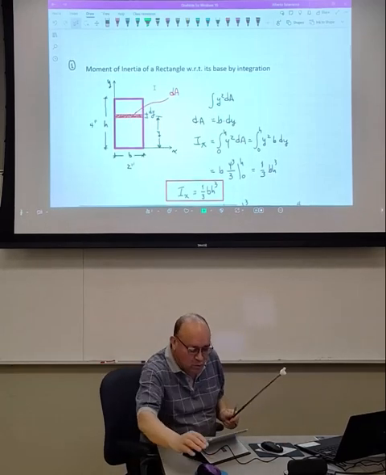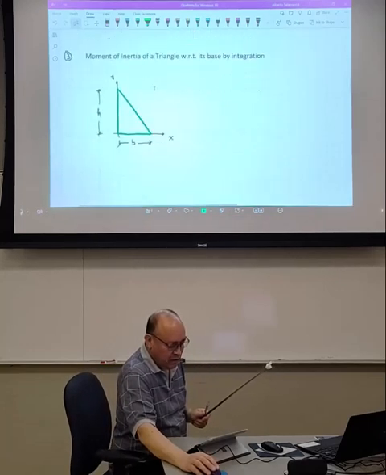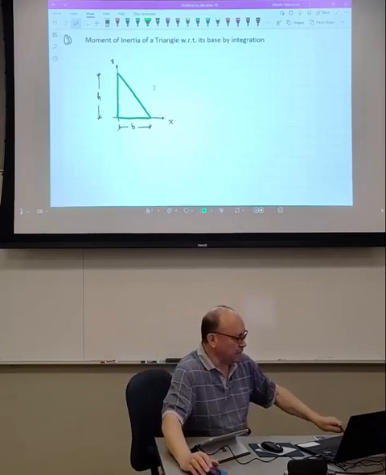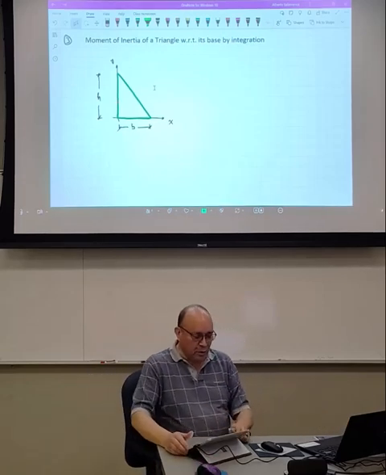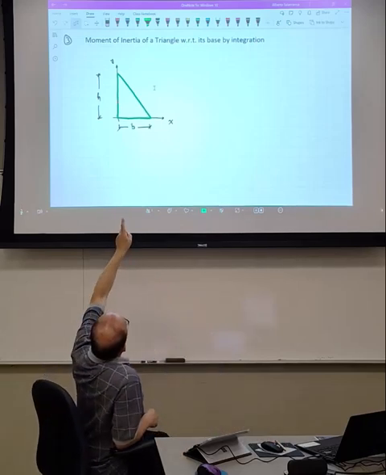Let's do one more. I guess one more will be enough. Eventually, if we have time, maybe next class we can do one more. But let's do this one. We are going to calculate the moment of inertia of this triangle with respect to the base.